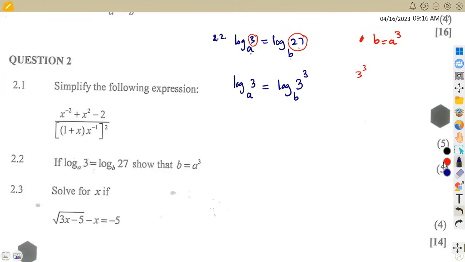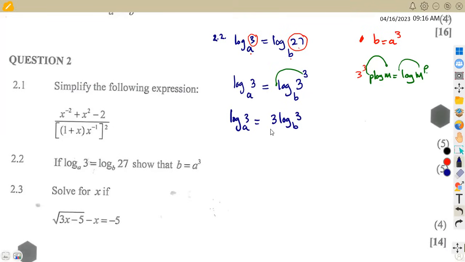From our laws of logarithms, remember, log of m to the exponent of p can be written as p log m. So we can drop this number to multiply the log. So it is going to be log 3 base a is equal to 3 log 3 in base b.